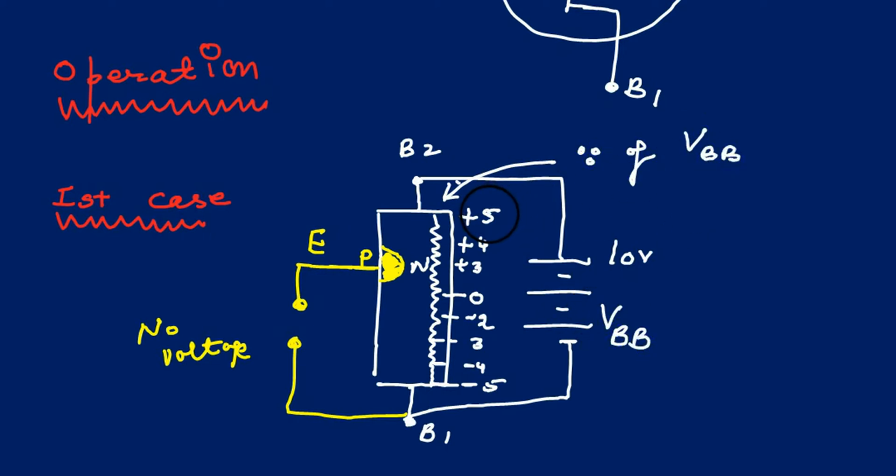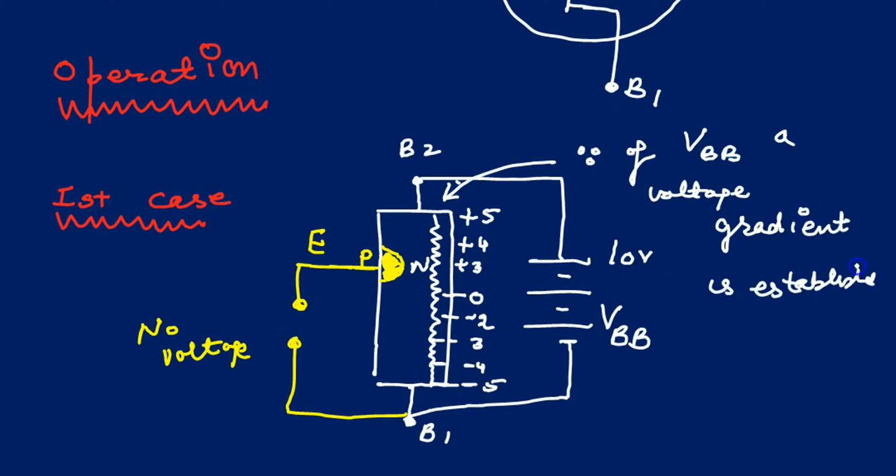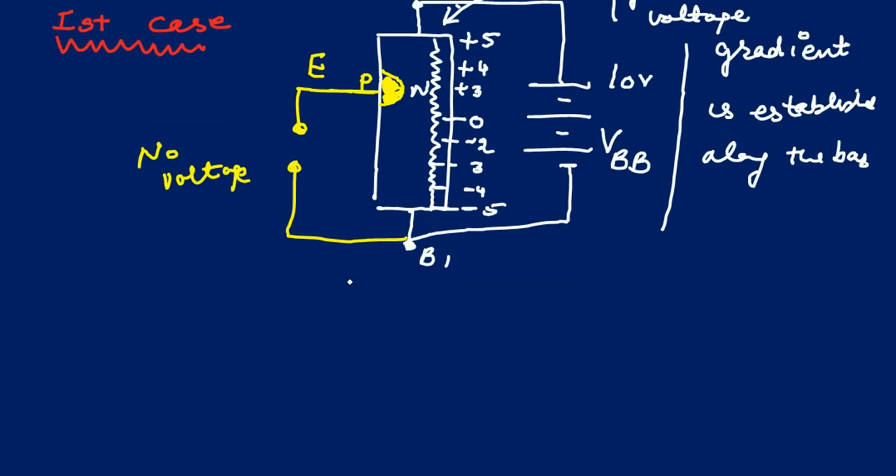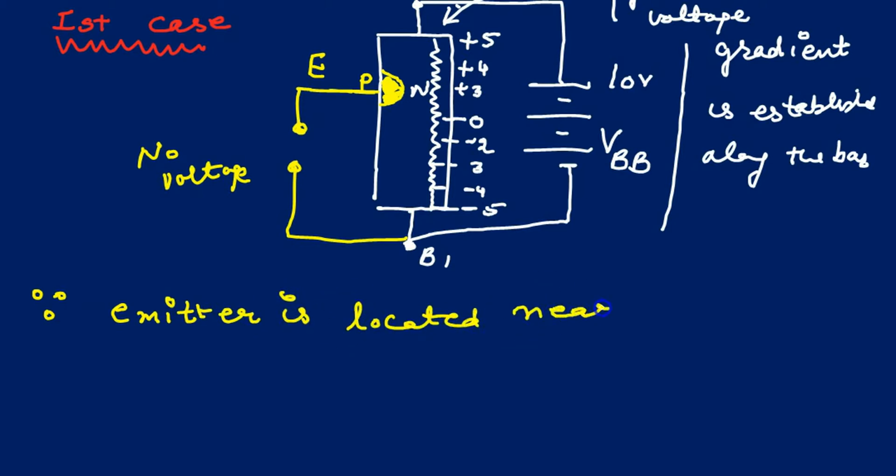So this battery is VBB. With VBB, a potential gradient is established over the resistor. So that is very important. At the diode side, the PN junction diode, VBB makes a positive potential. So the diode becomes reverse biased.